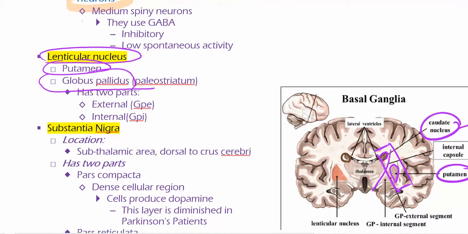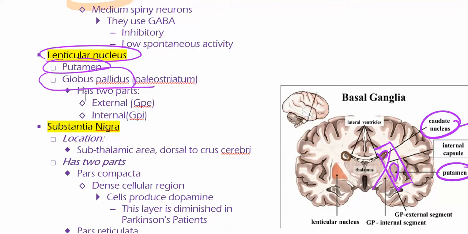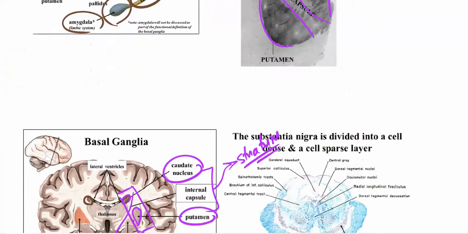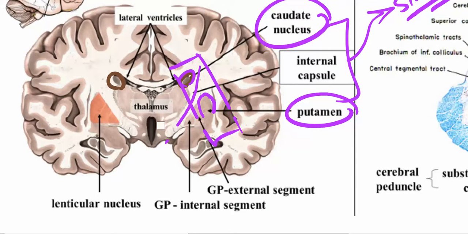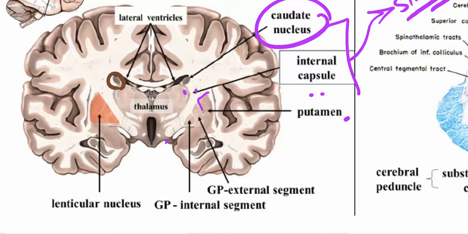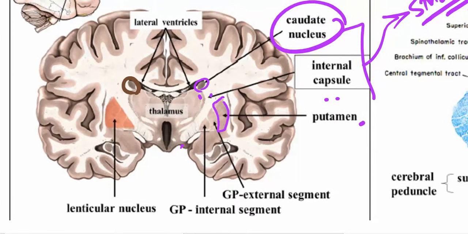But the lenticular nucleus is the putamen and the globus pallidus. This is the putamen right here, and this is the caudate nucleus right there. Both of these together were our striatum.